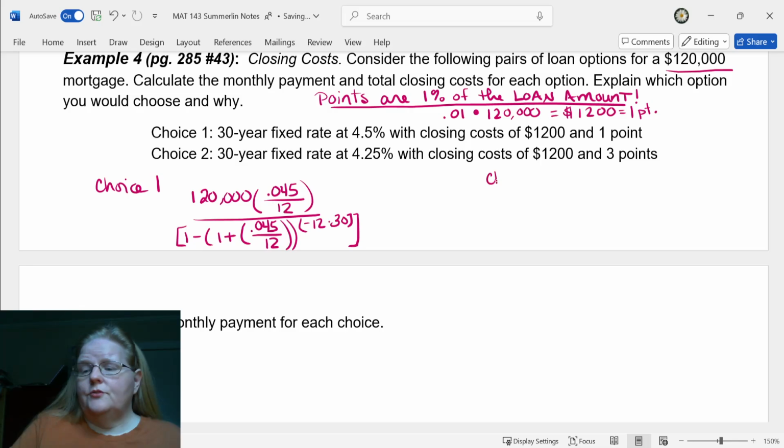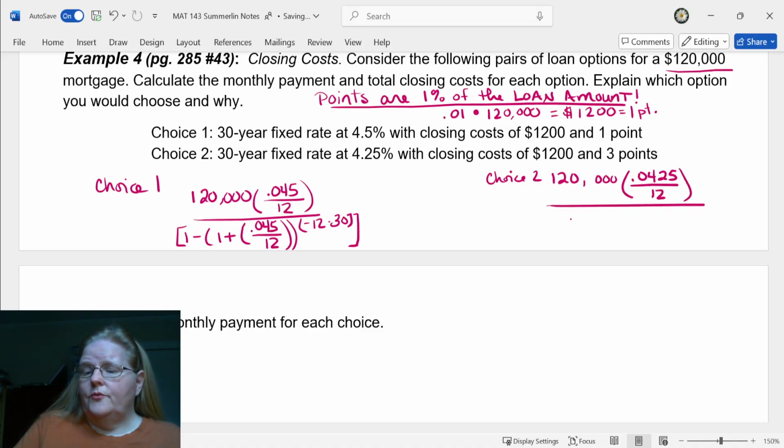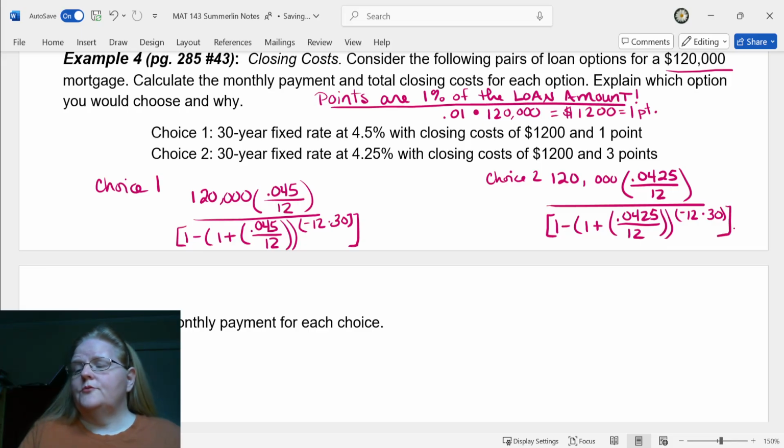And then for choice 2, we have the same 120,000 and then the 0.0425 over 12 over 1 minus 1 plus 0.0425 over 12 close to the negative 12 times 30 years close.